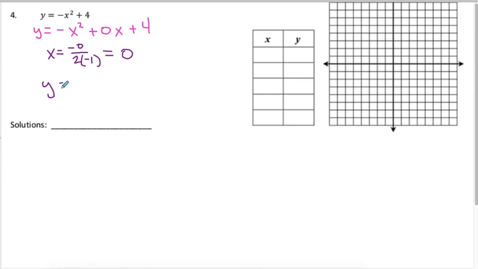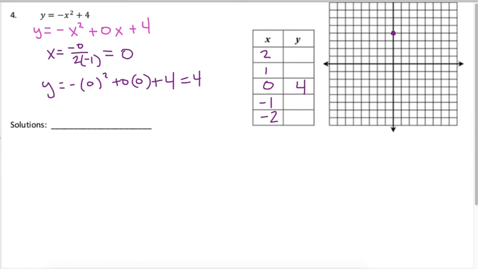And so y, when we plug that in, negative 0 squared, still 0, plus 0 times 0, still 0, plus 4. All right, that's a lot of 0 plus 4. So our vertex is going to be at 0, 4. 1, 2, 3, 4.